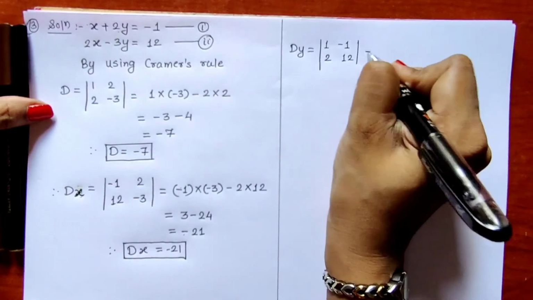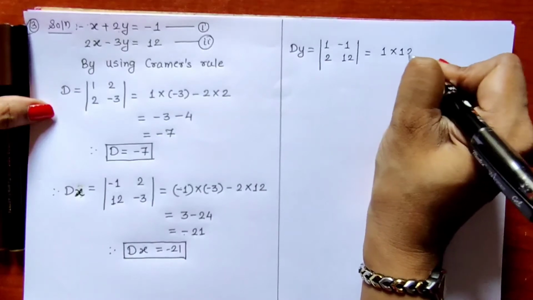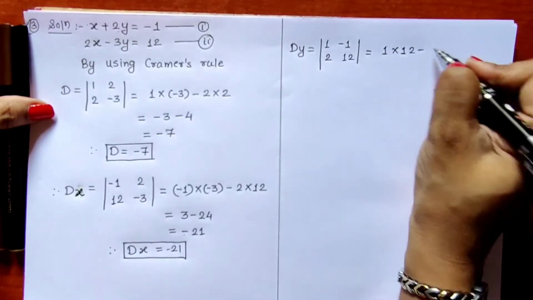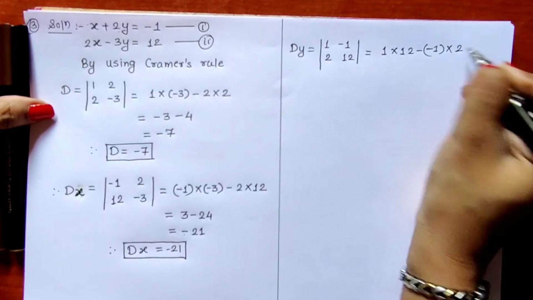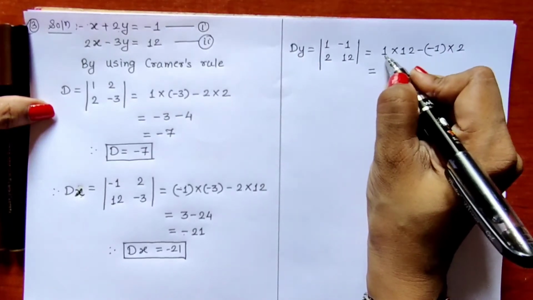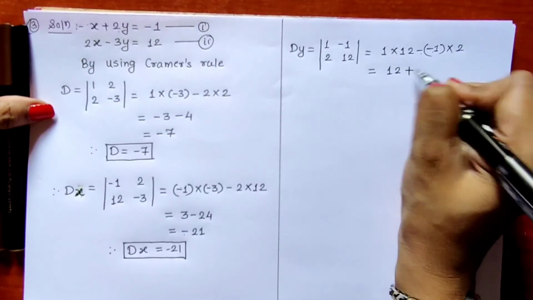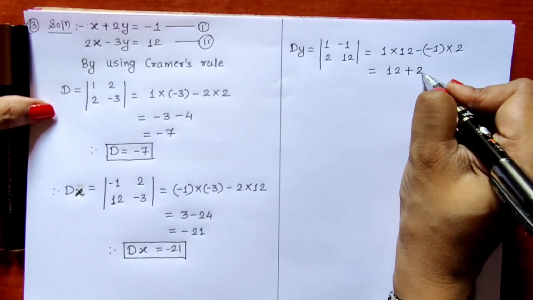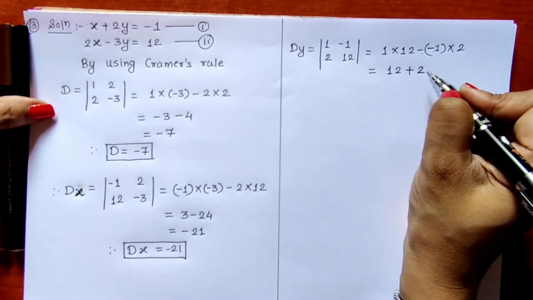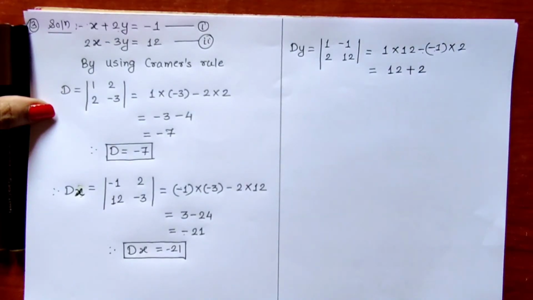Now let us cross multiply. 1 into 12 minus minus 1 into 2. So 1 into 12 will be 12, minus minus plus, 1 2s are 2.